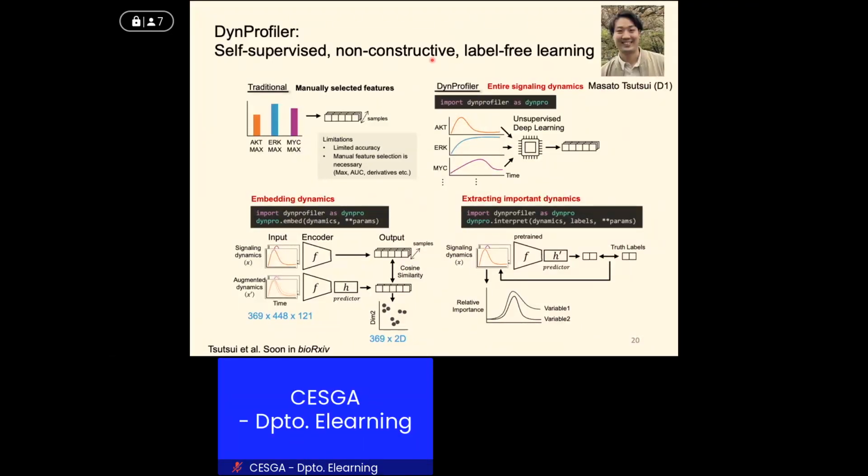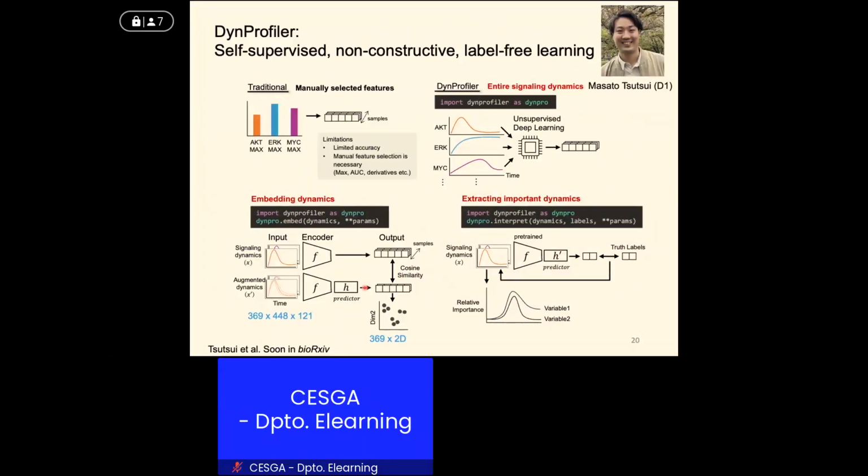So he compared several deep learning methods to find which is most suitable for classifying those dynamics. And then he developed the DIM profiler, which is self-supervised, non-constructive, and label-free learning.